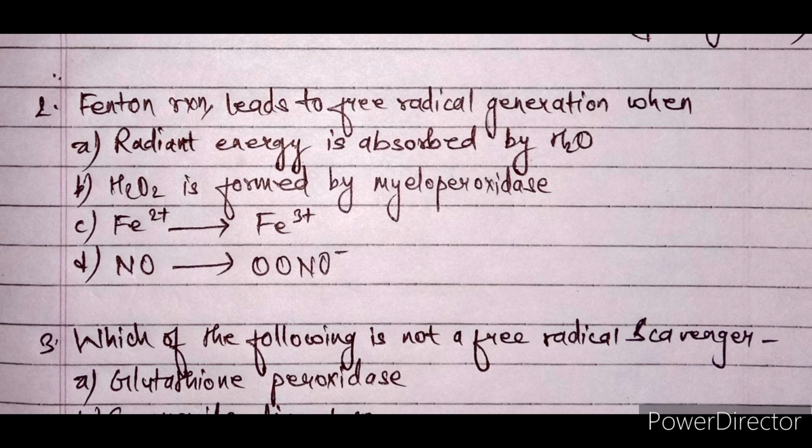Fenton reaction leads to free radical generation when A. Radiant energy is absorbed by water. B. Hydrogen peroxide is formed by myeloperoxidase. C. Conversion of ferrous iron to ferric iron. D. Nitric oxide gets converted into peroxynitrite.